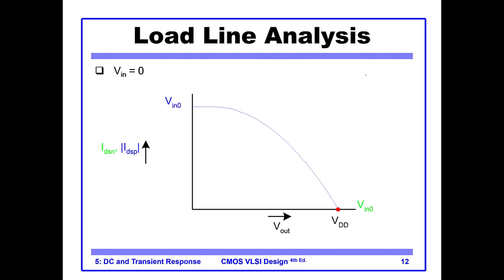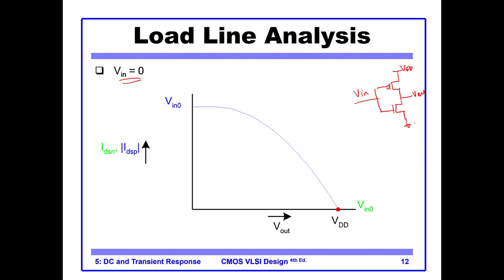let's consider this point when Vin is 0. Remember our circuit. We have a PMOS, we have an NMOS. This is our Vin, this is our Vout, VDD, and our ground. So what happens when Vin is 0?